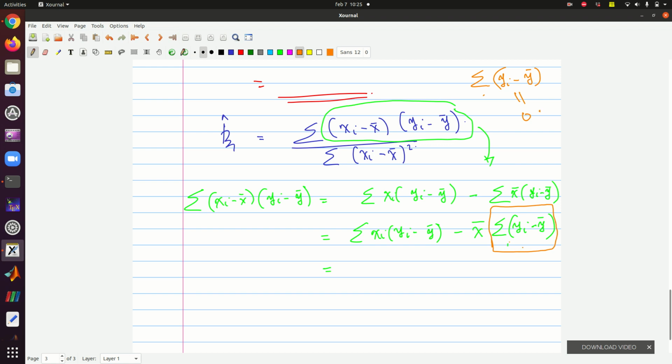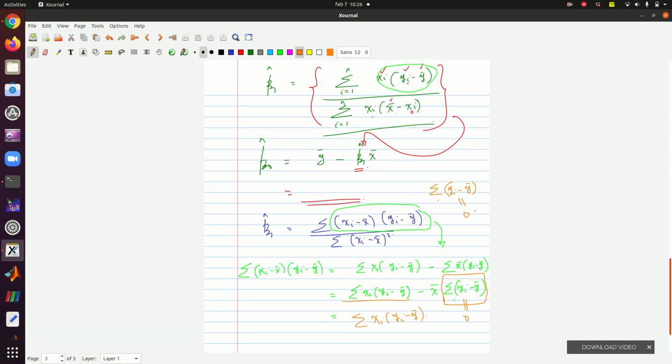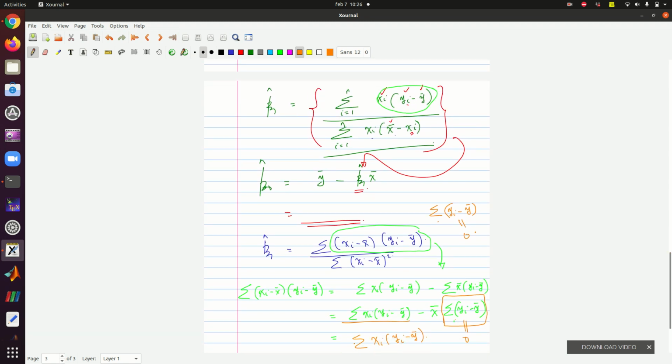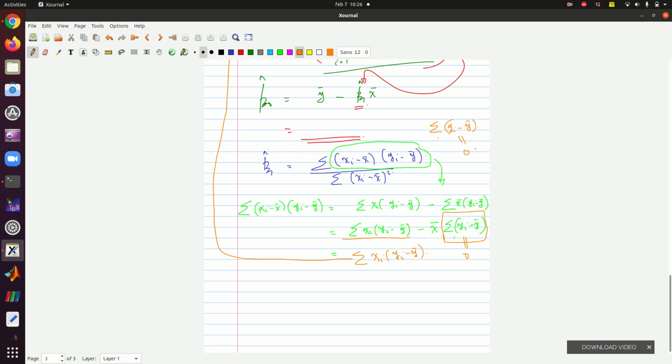So that is why this is going to be 0, and then we are simply left with this first term here, the xi into (yi minus y bar). And this is the term which appeared here.